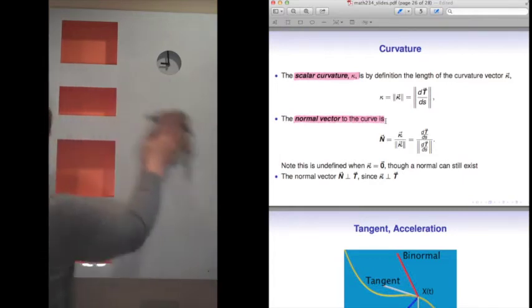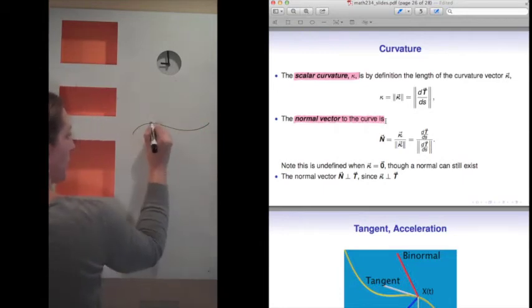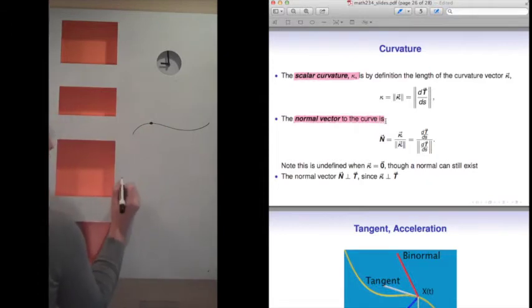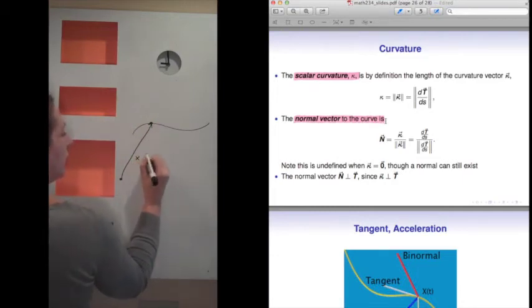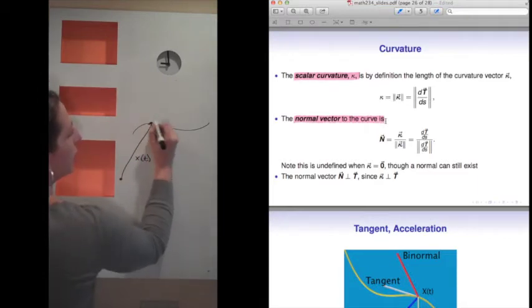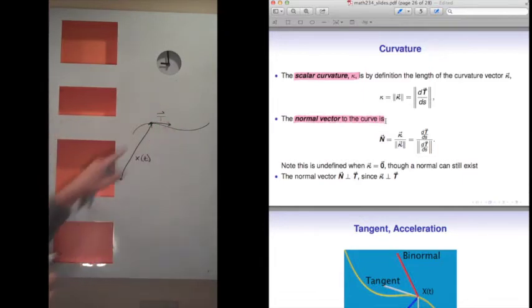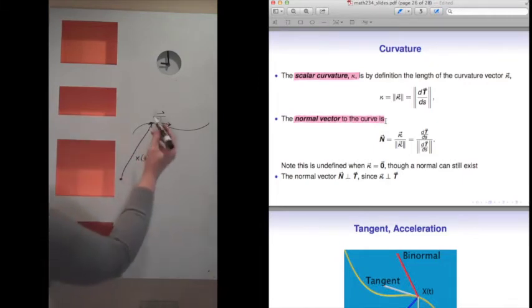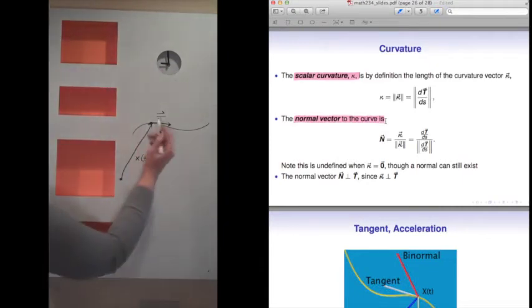So in the more general case, I have some point here, and maybe my position vector is this x of t. Okay, and in this case, say my unit tangent is going in this direction, and the curvature vector, we just showed that it has to be perpendicular to this.